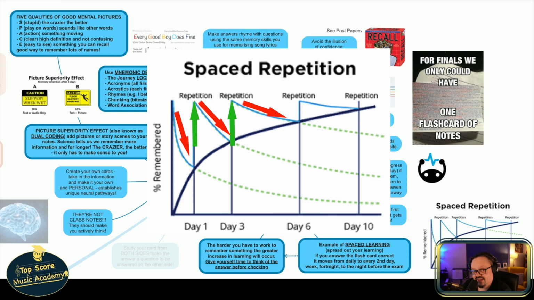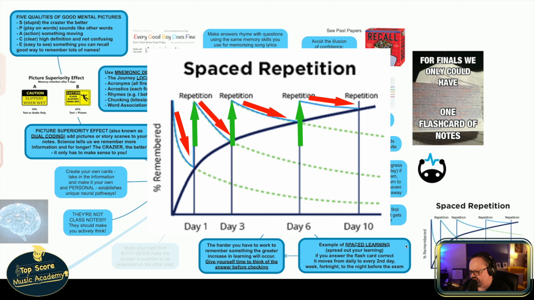And then on day 6, you study it again, and you're back up to hopefully near 100%, if not 100%. And eventually, by day 10, when you study it again, or whatever day it happens to be in your calendar, the rate at which you forget has dramatically fallen. So this is the spaced learning technique, which is very effective.